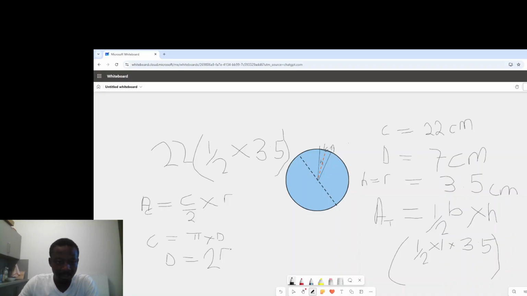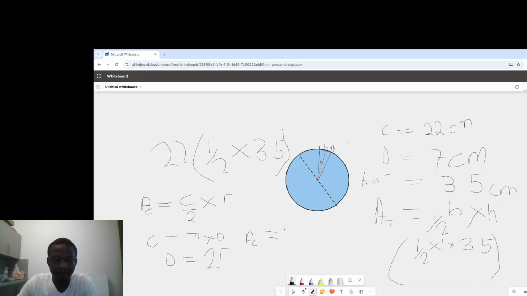Now putting this together, I will have the area of the circle, A C, is equal to this. So I'm going to put this one as the C here.